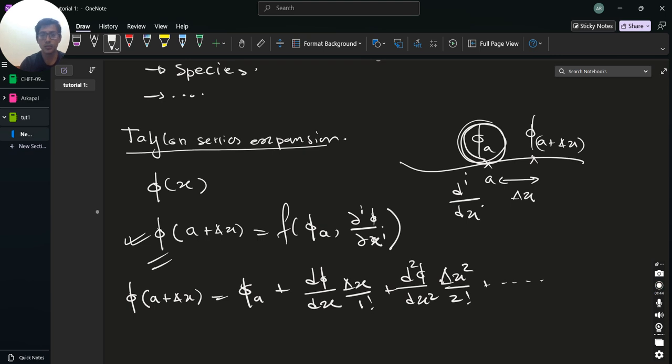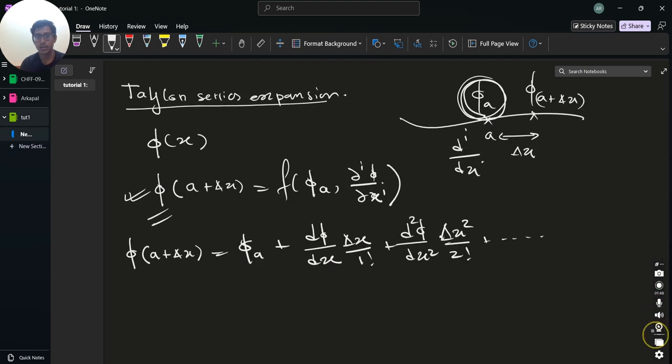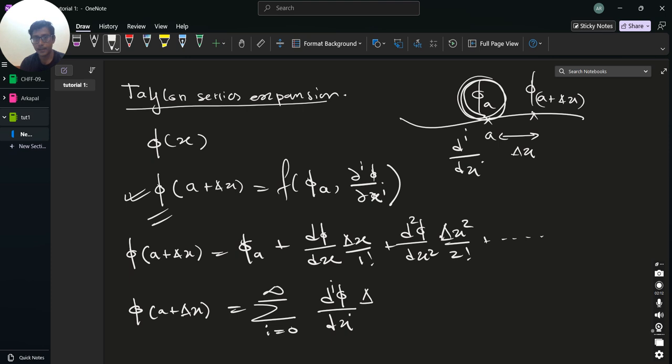Okay, so what is the format of this expansion? In general we can write phi of a plus delta x is nothing but a summation of i equal to 0 to infinity, d^i phi/dx^i, delta x to the power i divided by i factorial.